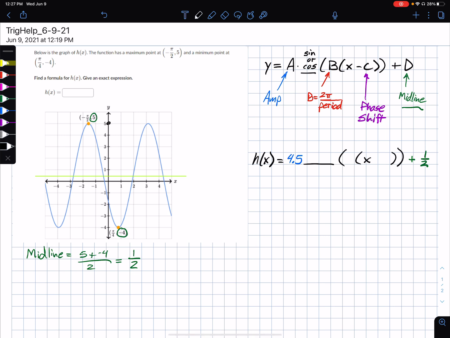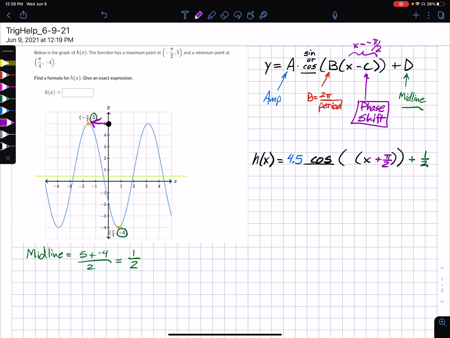Normally, cosine would start at the top of its amplitude right on the y-axis, but this is what we call a phase shift to the left. So I'm going to pencil in here cosine, and at the same time, I'm going to also talk about the phase shift as it being left pi halves. Now you see that I wrote in here the x minus c. So really what I've got below there is x minus negative pi halves.